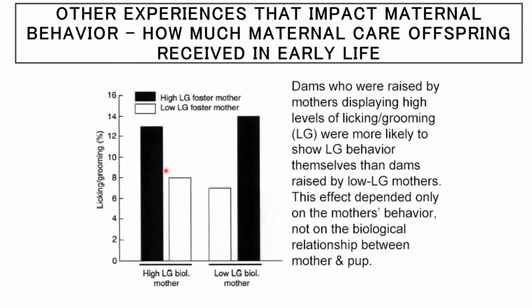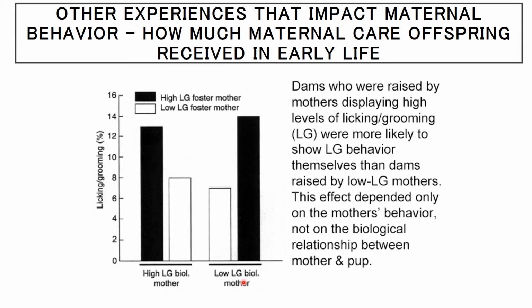So these are the good mothers, and these are the bad mothers. Then we have two categories of pups: pups that were born from a high licking and grooming biological mother or a low licking and grooming biological mother. So they were born to either a good mother or a bad mother.